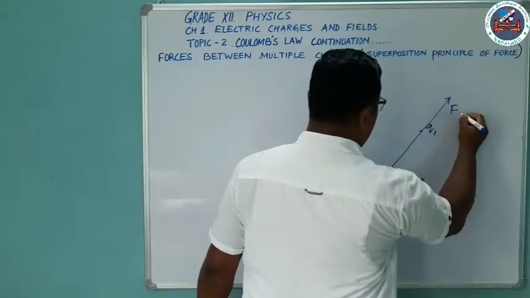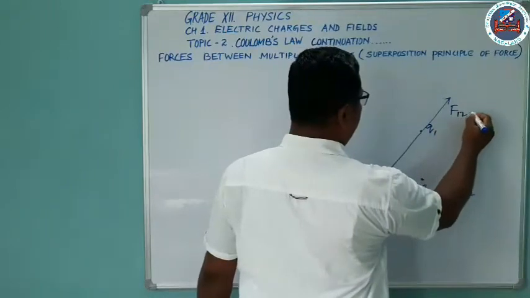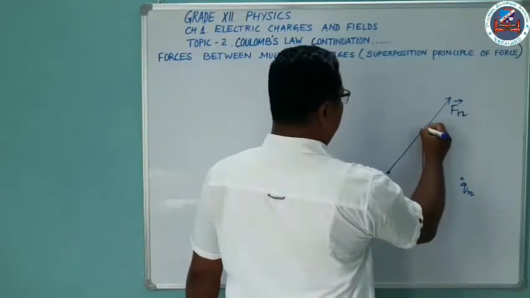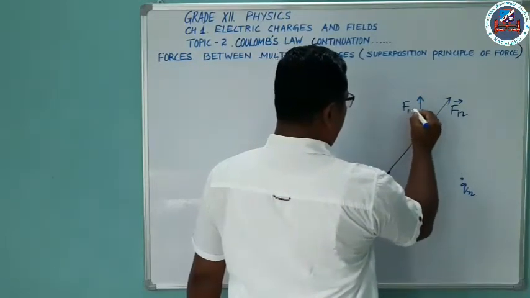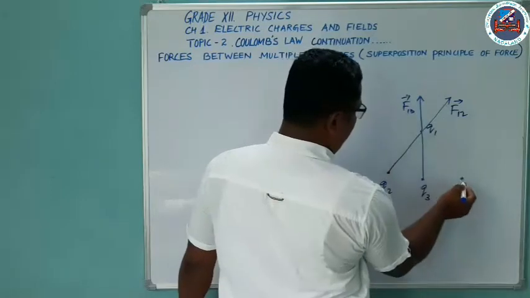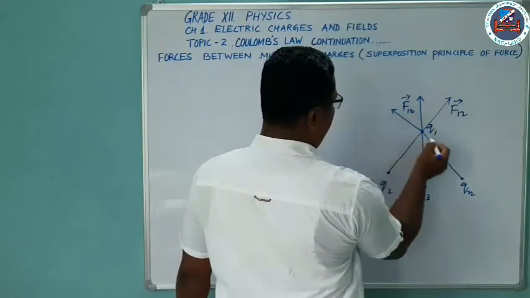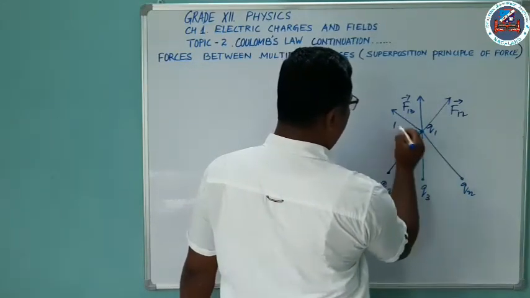Let us say F1 is experiencing the force, so I write F12. Then Q3 on Q1, the force we mark as F13, and Qn acting on Q1, where Q1 is experiencing the force because of Qn, we write as F1n.